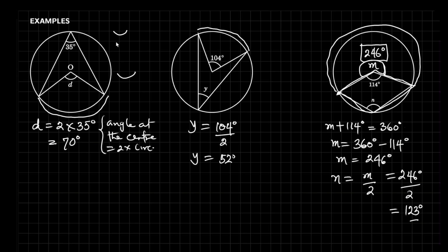You're going to see that somehow both are facing the same direction, right? If you look at this 104 and Y, they are also facing the same direction, kind of.